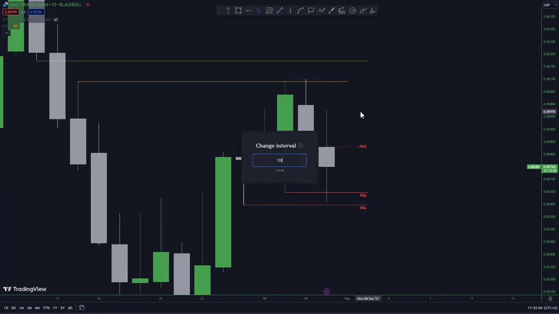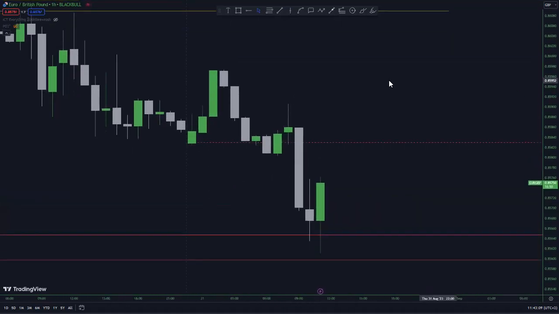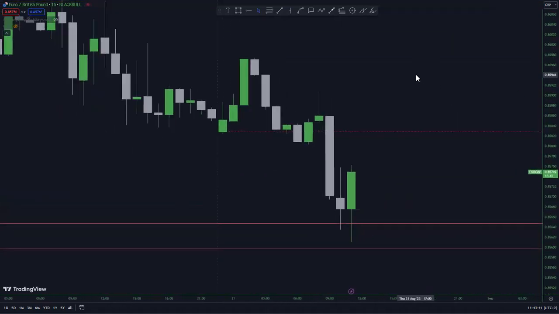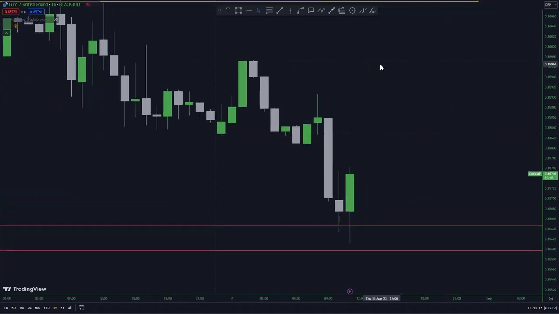We're just going to drop to the lower time frame. So normally I do top-down analysis, so I understand where we are going on the daily, and then I start honing in on the lower time frames. So on the 1 hour, I start trading from 7 o'clock in the morning. That's where I personally believe the London session is starting, in my own opinion.